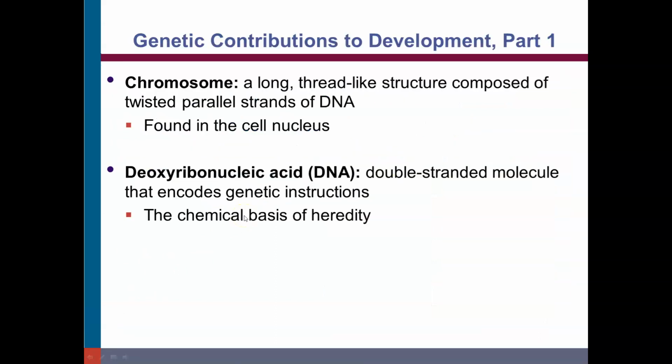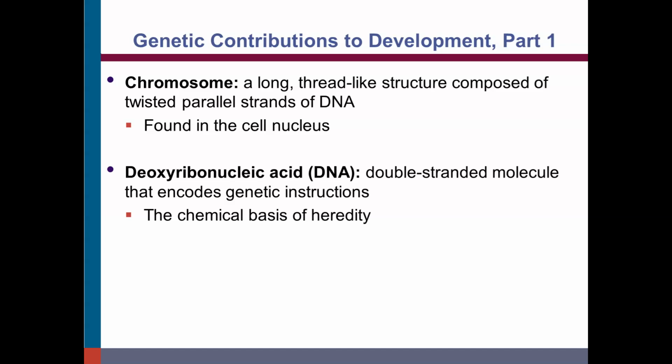Let's answer these questions. So first of all, here are some terms that I want to make you aware of and would like for you to focus on. Things like chromosome. Those are basically long thread-like structures composed of strands of DNA, and those are found in the nucleus of our cells. Okay, and then we mentioned DNA, but what is DNA?